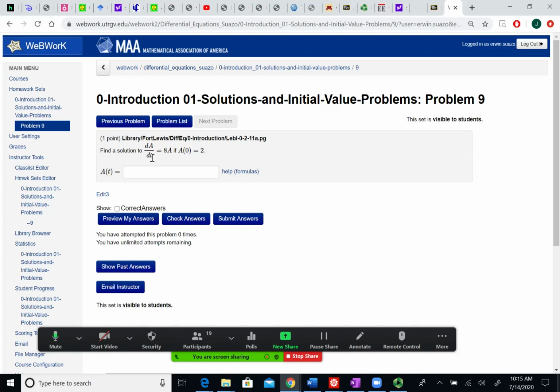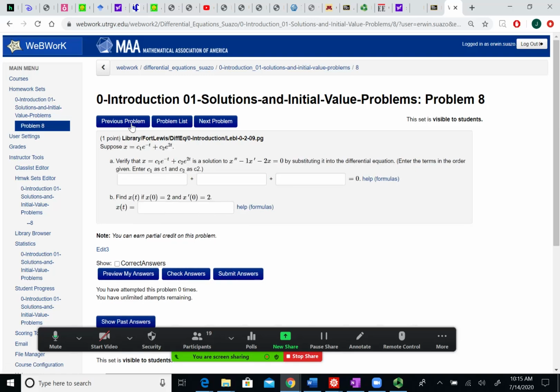Oh, this one, actually this is separation of variables. So this problem shouldn't be here. I'm going to eliminate it because it's separation of variables. I mean, you can solve it, but it's supposed to be for separation of variables. So that problem I'm going to take off.